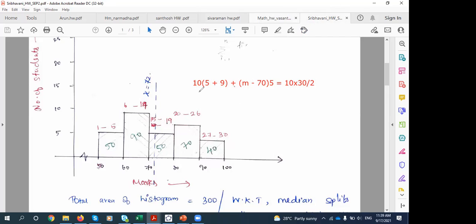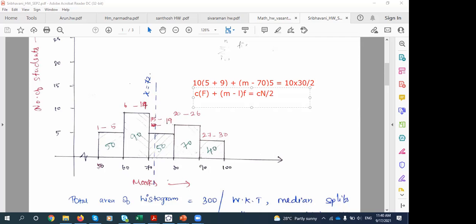So this thing boils down to this: C times cumulative frequency plus m minus L times the frequency of the median class equal to C times capital N by 2.